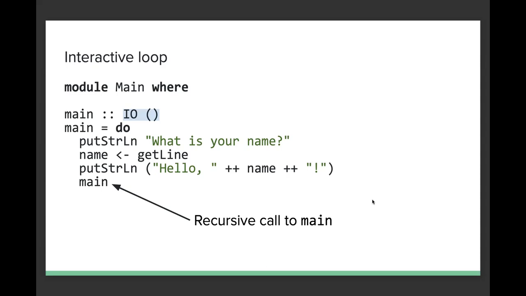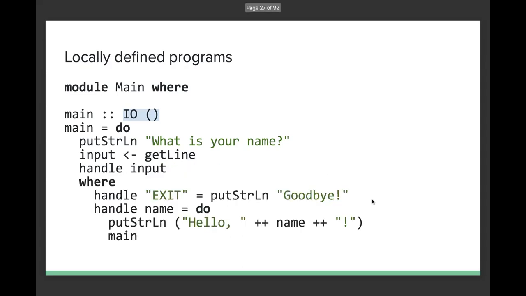There is no return, no break. Right. Exactly. So for the recursive call, before doing it, we need to check: do we have to make the recursive call or not? What we can do is introduce a local function called handle, which takes the input, the string that we received using getLine.